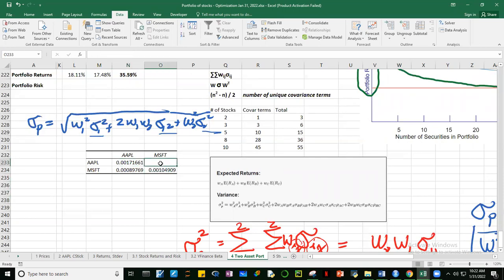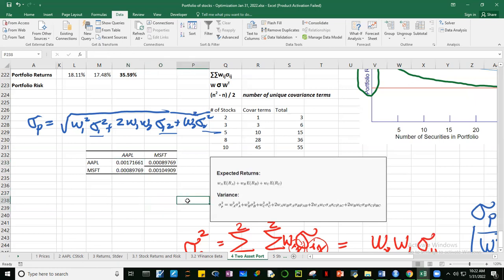Tapos kulang pa tayo dito guys. So this is the covariance of Apple with Microsoft. And since the covariance of Apple with Microsoft is the same as the covariance of Microsoft with Apple, this will be just equal to this one. Or we can just copy this, Control C, Control V.